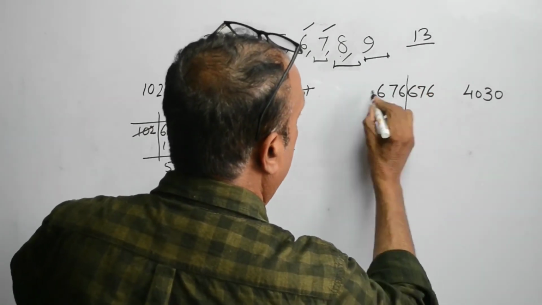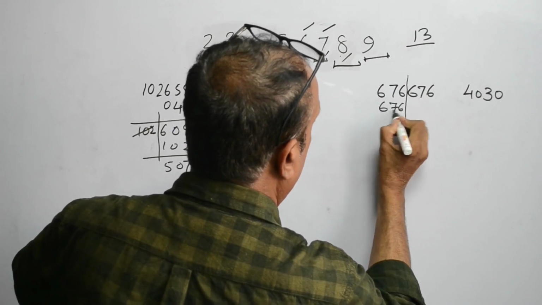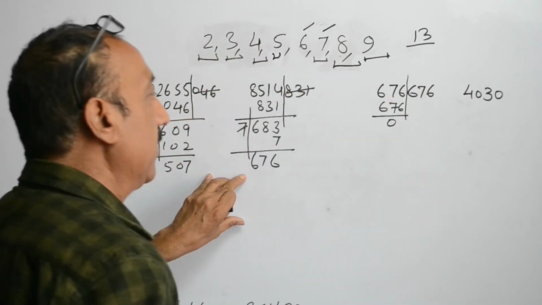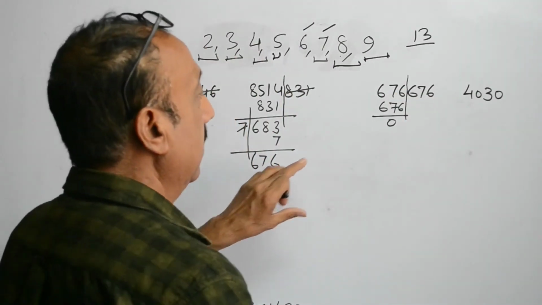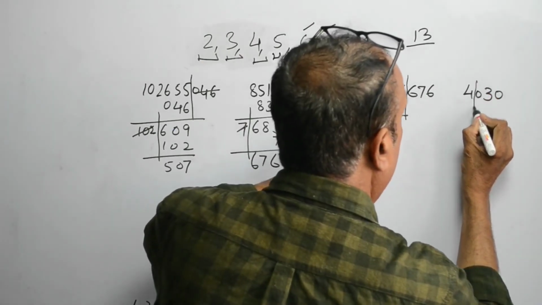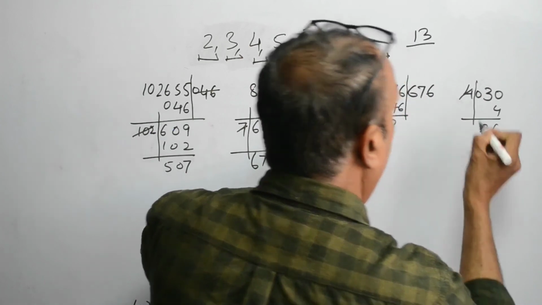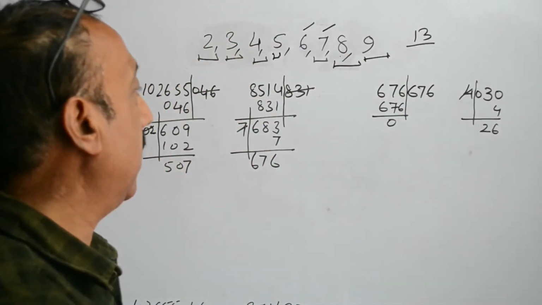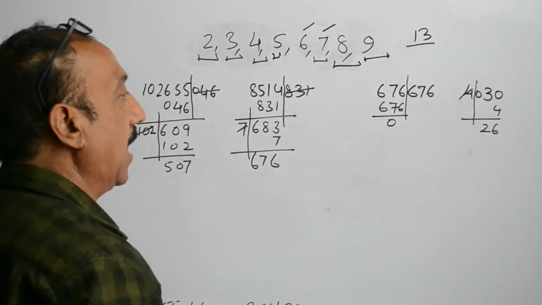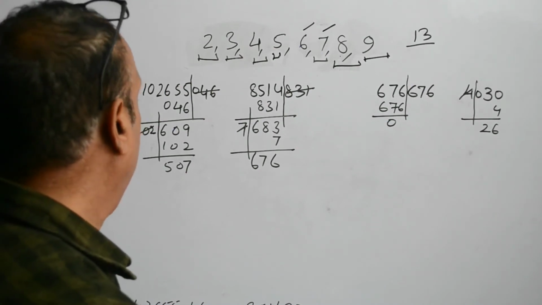Here the numbers are same, so we are getting a 0. This number is divisible by 13. Here when we deduct 4 from 30, we get 26. 26 is divisible by 13, so 4030 is also divisible by 13.